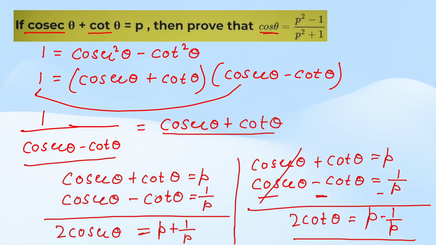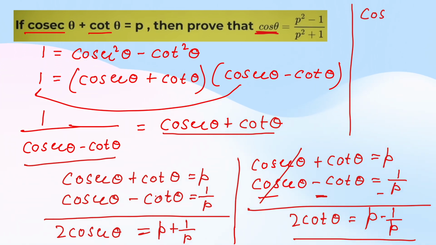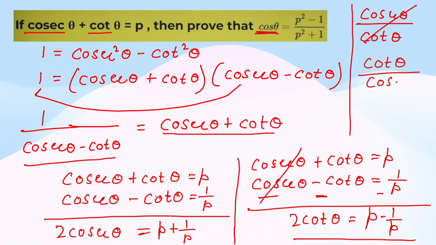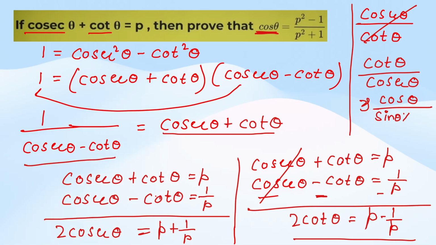I need to find the value of cos theta. If I check cos theta in terms of cosec and cot, see, if I divide cosec theta by cot theta, what will I get? Or if I divide cot theta by cosec theta, what will I get? Cot is cos by sin, and sin into cosec is 1, so I will get cos theta.